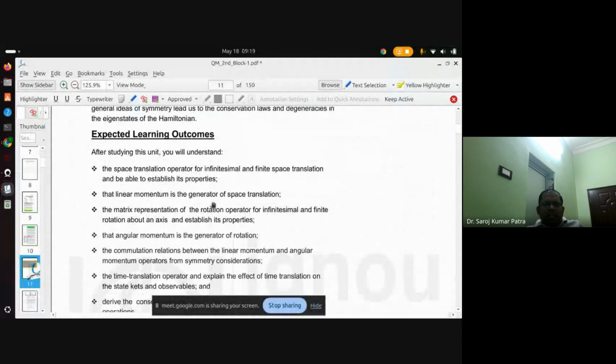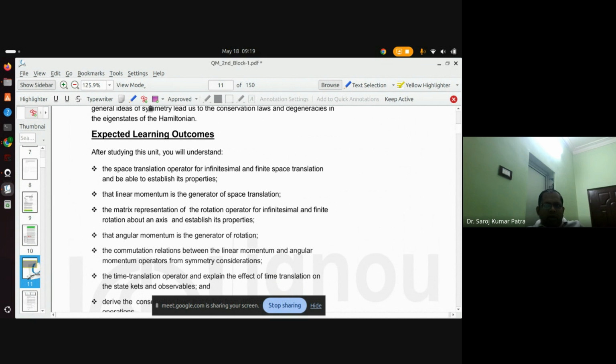Let us try to focus on what exactly we'll be getting out of this unit. The space translation operator for infinitesimal and finite space translation, and being able to establish the properties. The linear momentum is the generator of space translation, and the matrix representation for the rotation operator, and then the angular momentum is the generator of rotation.